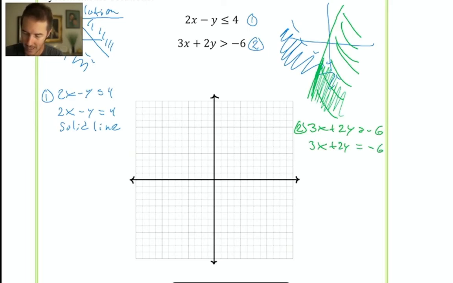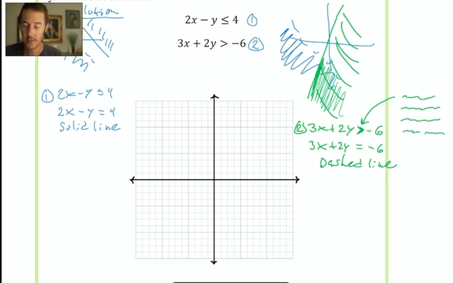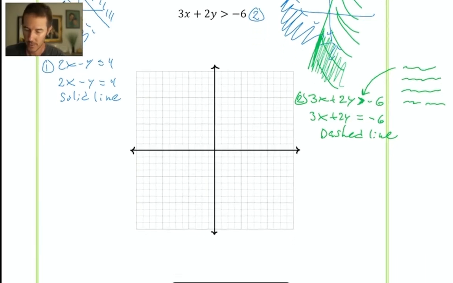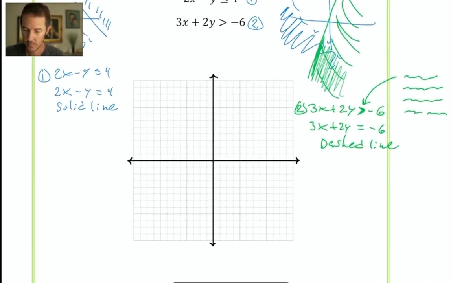And this is going to be a dashed line. It's a dashed line because this is called a strict inequality. Strict inequality, therefore dashed line. Write that down. That's going to help you distinguish between correct answers.